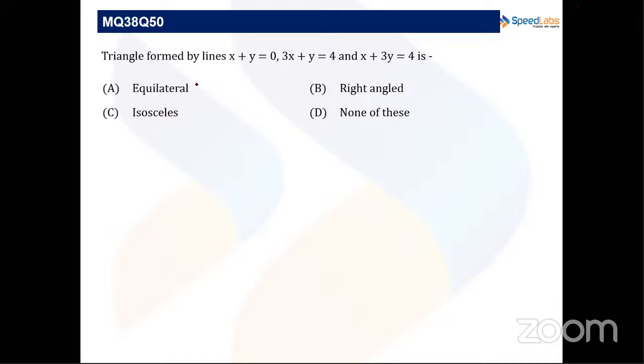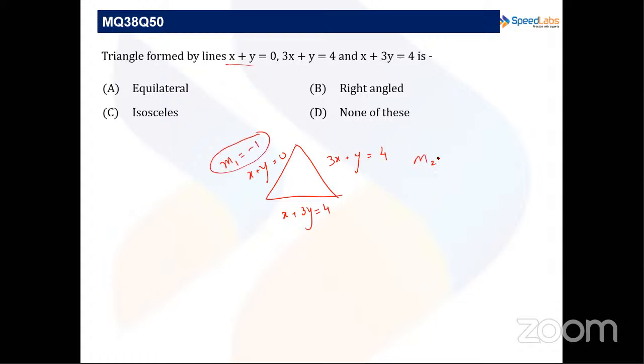Now moving to the next question: the triangle formed by these three lines is... We are having these three lines and we need to find the type of triangle formed. So let's say we are having x plus y equals 0, 3x plus y equals 4, and x plus 3y equals 4. For the first one, slope m1 will be minus 1.